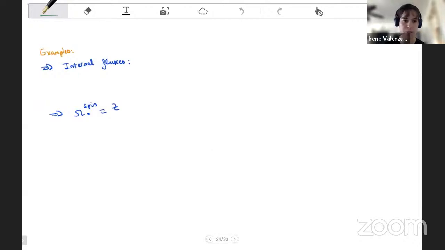Okay, let me come back to the example we had of the fluxes. We have some internal fluxes. Since the fluxes are quantized, I have some integer, so they have different possibilities.